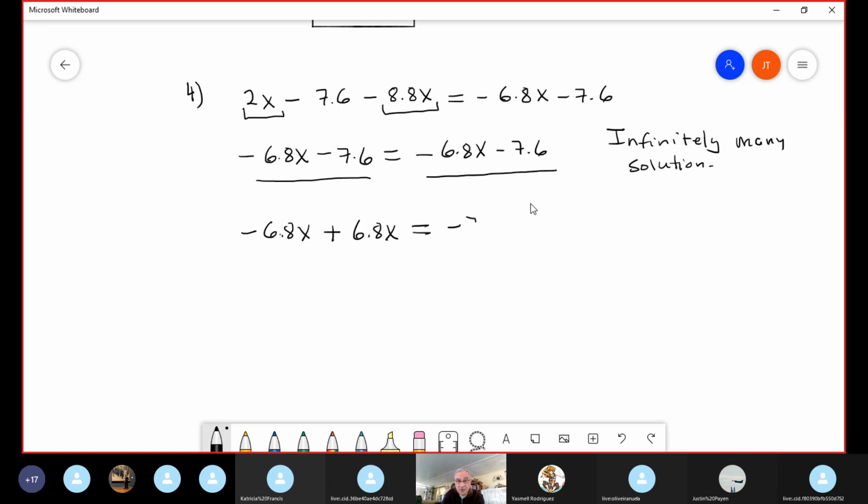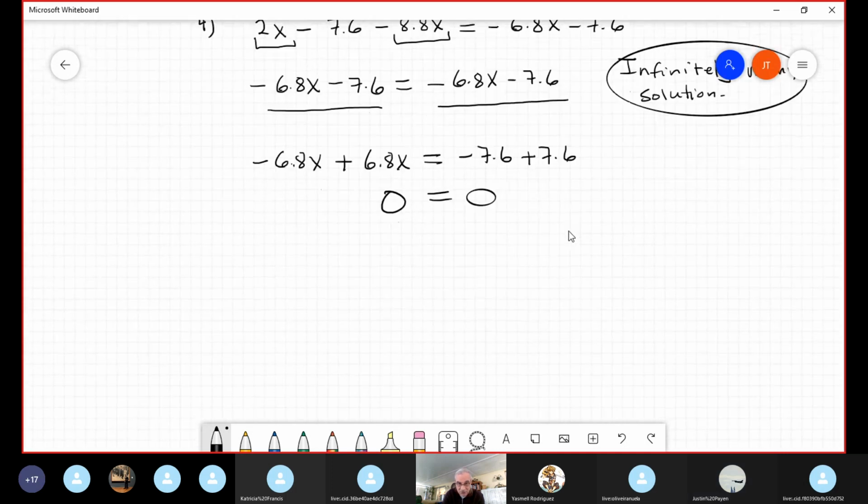And this negative 7.6 stays here. I bring down, and this I move to the right, like a positive. And wow, everything is cancelled. This is 0 equals 0. And when you get this statement, it's infinitely many solutions. You need to be aware.